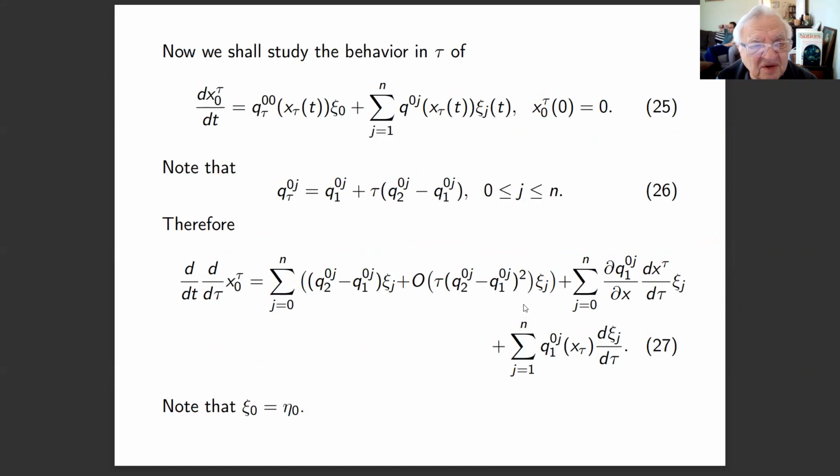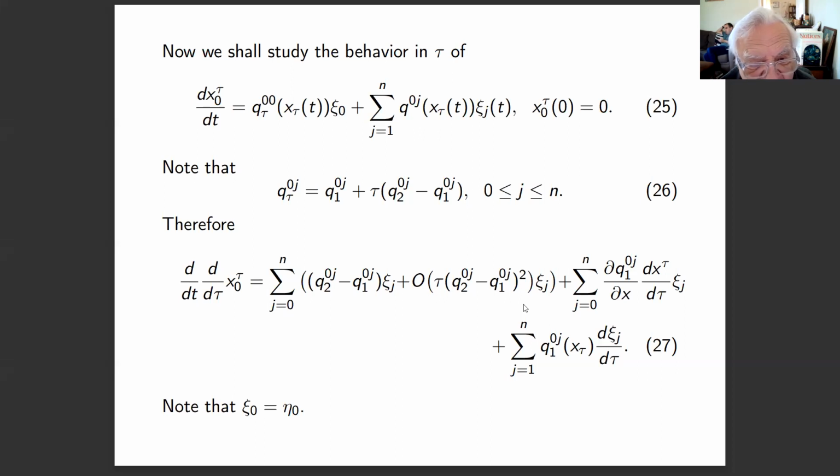Also, we need to study the derivative of x0 tau. So equation 25 is the equation for the derivative in t of x0 tau. If you take Q0 tau, Q tau 0 j is given by 26.